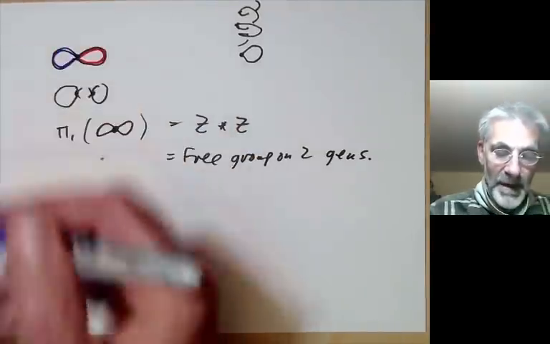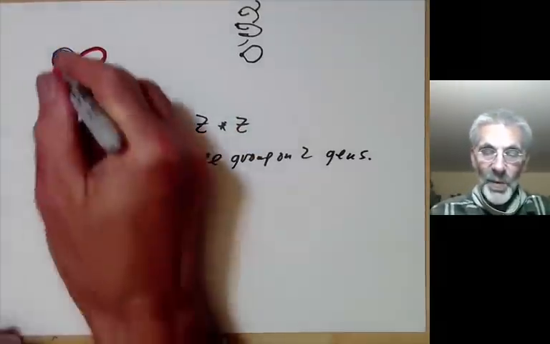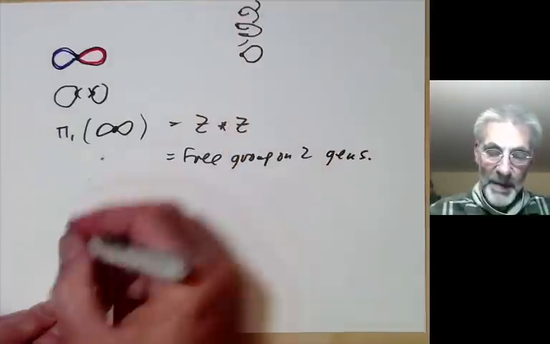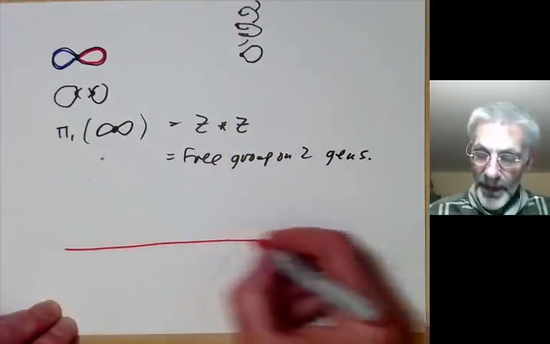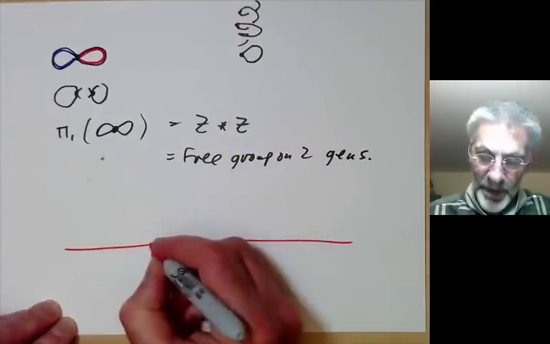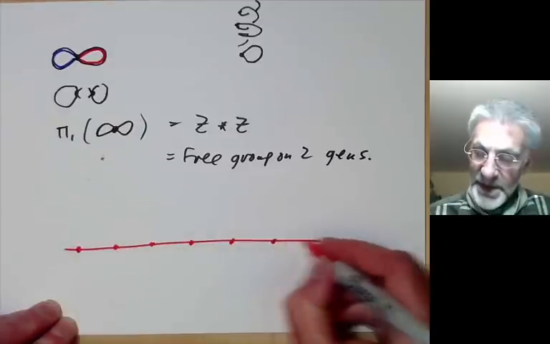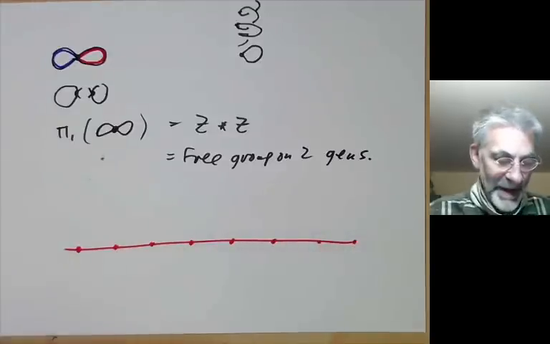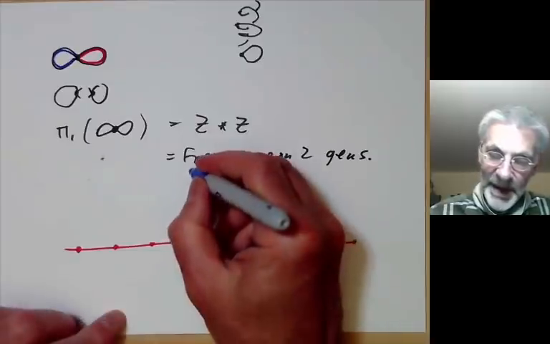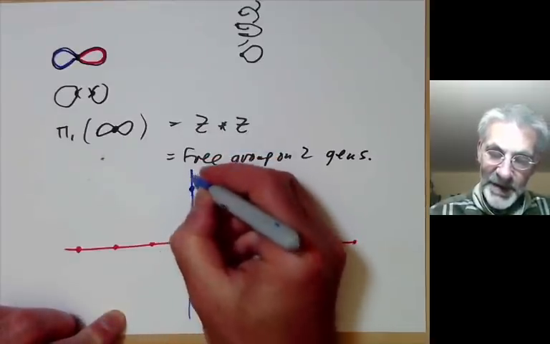And then if I unwrap the red one, I just get a copy of the real line with a lot of inverse images of the base point. And then I can also unwrap the blue circle, and I get another copy of the real line, so it looks like this.